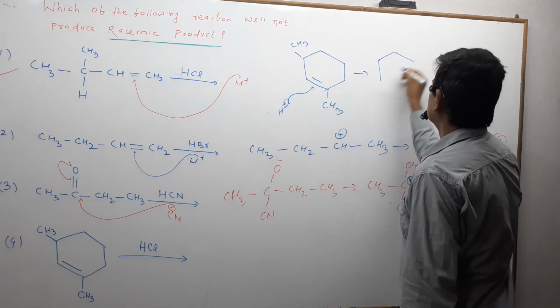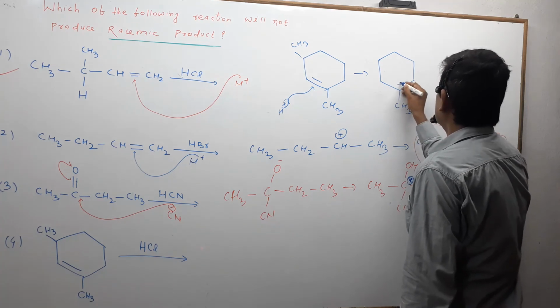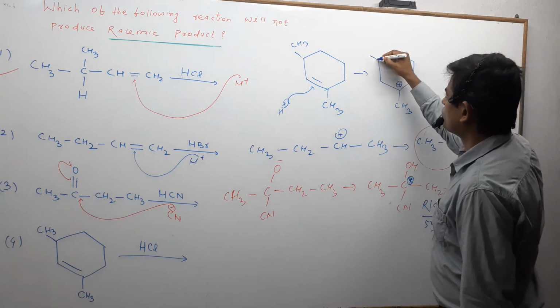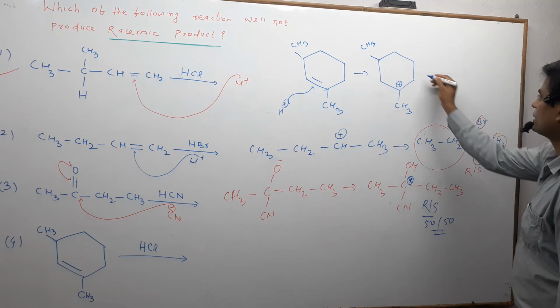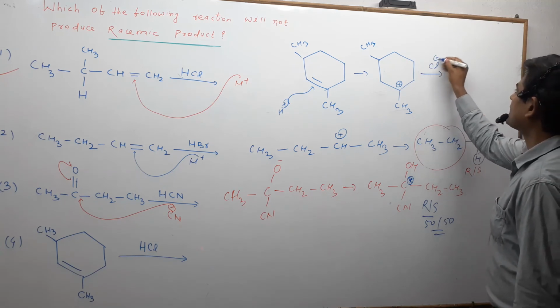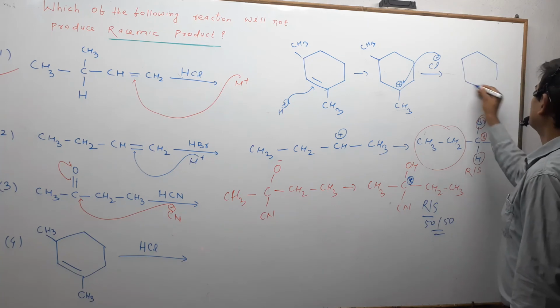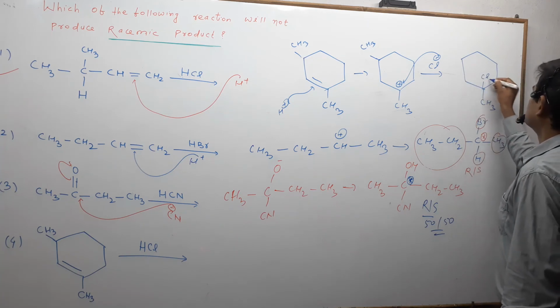Here this is a 3-degree carbocation, so this is the most stable carbocation, and the product will form according to this intermediate. Cl ion will attach at this carbon, so it will form like this. This is CH3 and this is Cl.